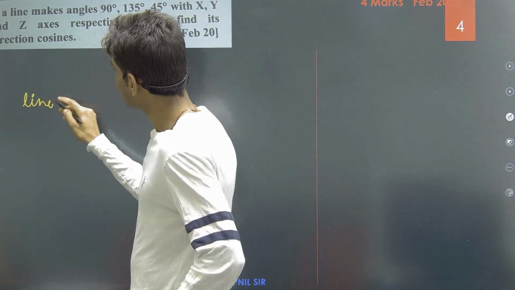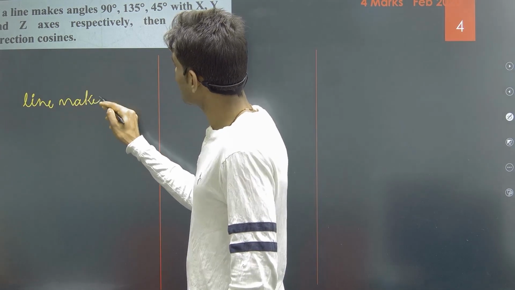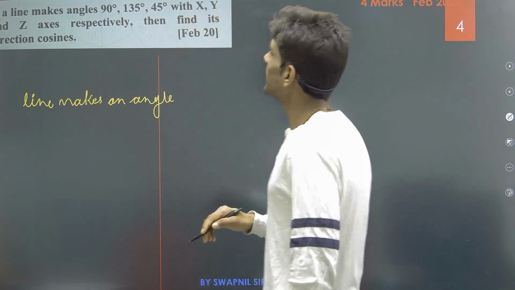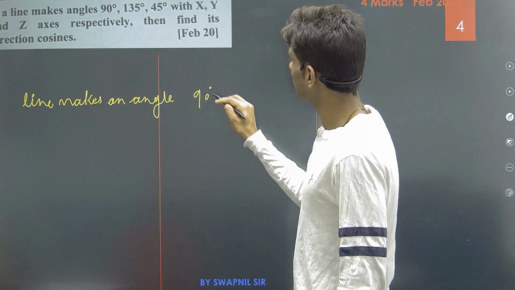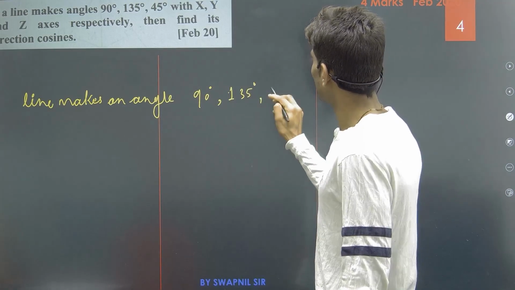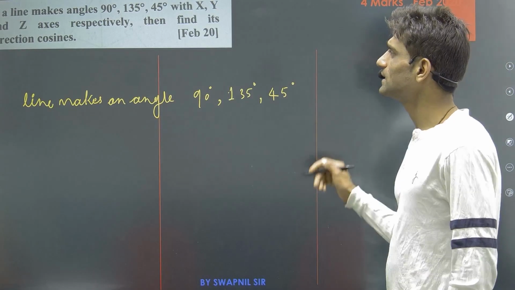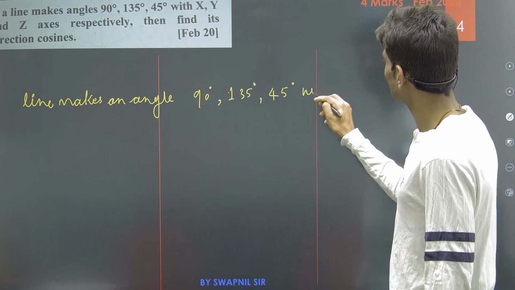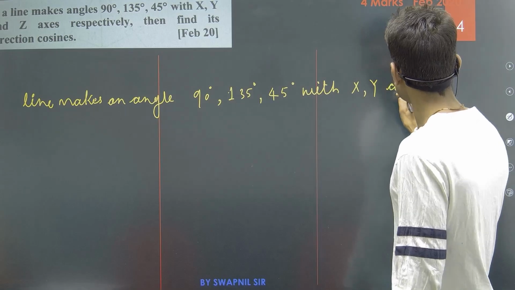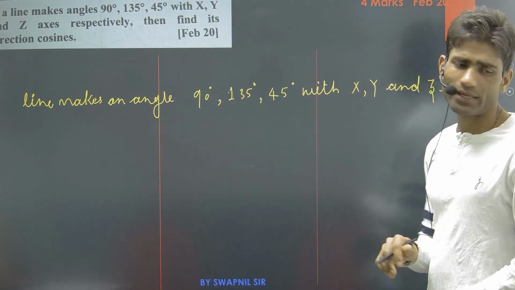Let me explain what we have given first. If a line makes an angle 90 degree, 135 degree, 45 degree with x axis, y axis and z axis, this is our given statement.